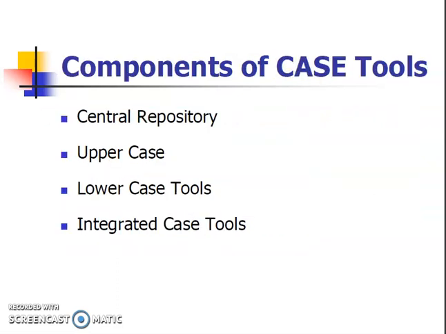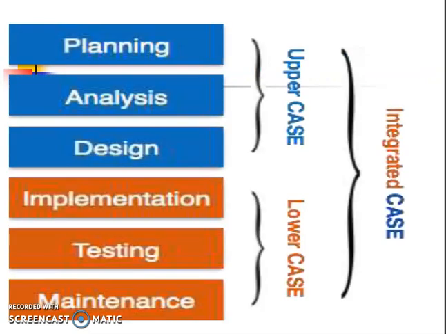CASE tools can be broadly divided into the following parts based on their use at a particular software development lifecycle stage. Central repository. CASE tools require a central repository which can serve as a common, integrated, and consistent source of information.